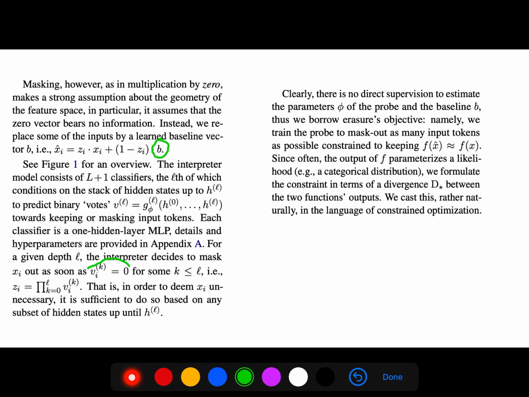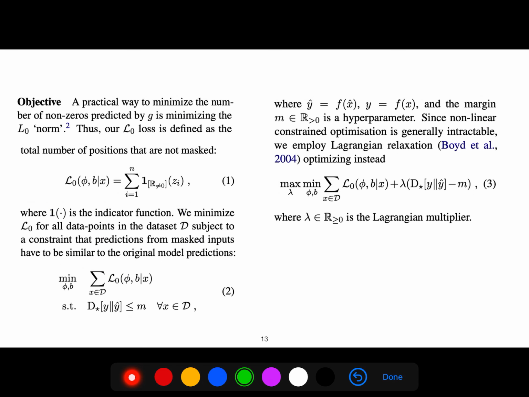So there is no direct supervision to estimate parameters phi of the probe and the baseline b. Thus we borrow Eraser's objectives, namely we train the probe to mask out as many input tokens as possible, constrained to keeping the output similar. Since often the output of f parameterizes a likelihood, we formulate the constraint in terms of a divergence between the two functions' outputs. A practical way to minimize the number of non-zeros predicted by G is minimizing the L0 norm.